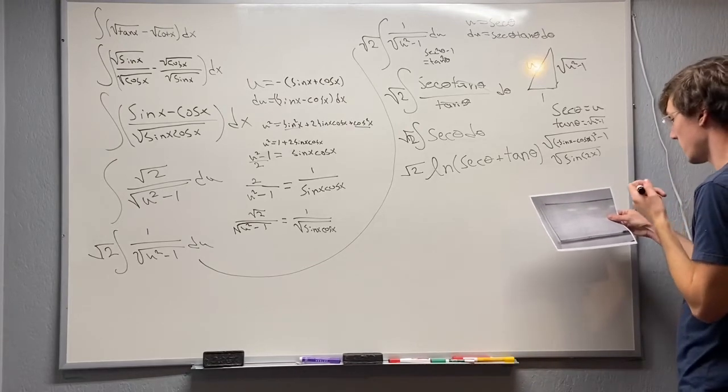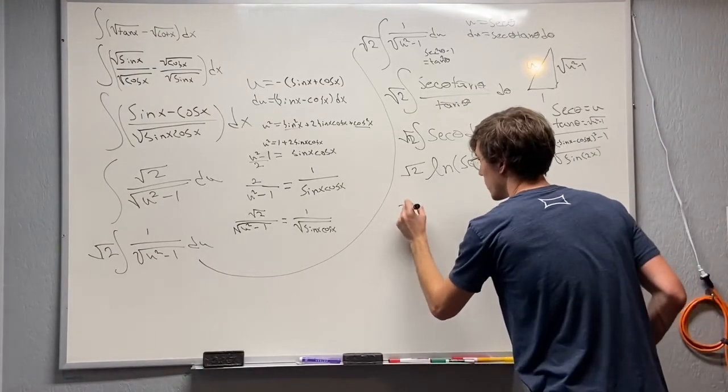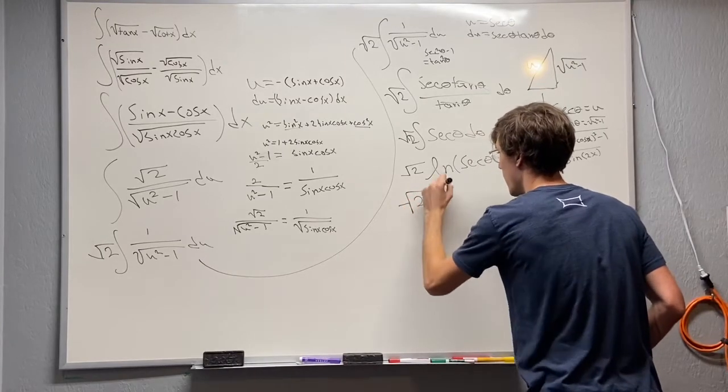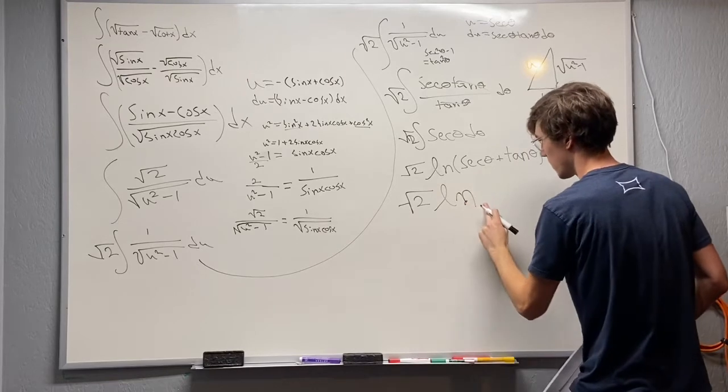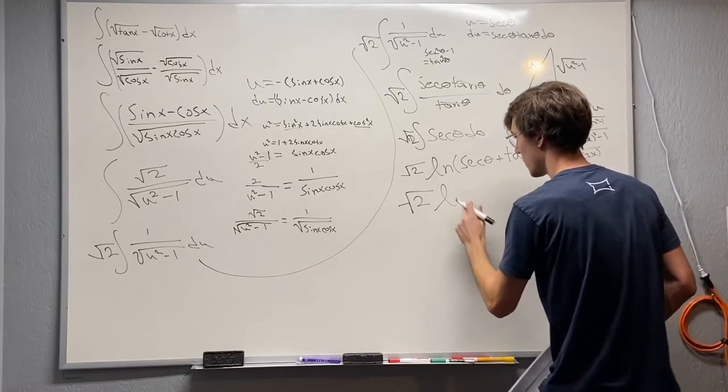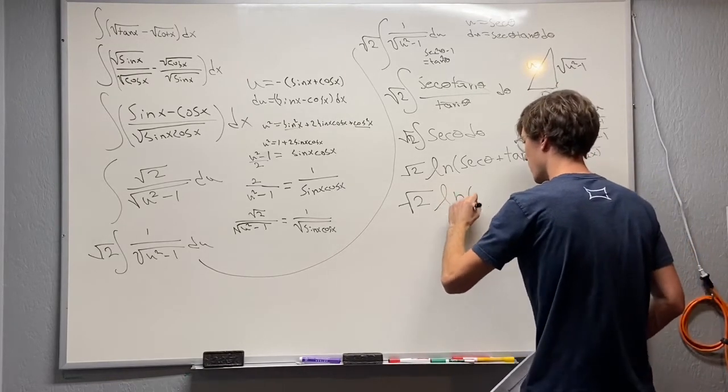And so we are done integrating. So root 2 times the natural log of the secant.